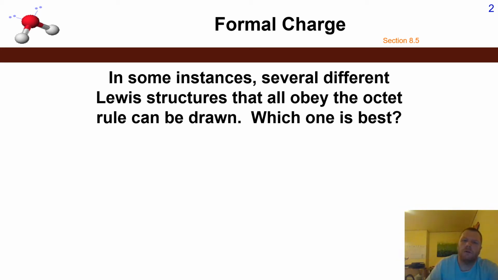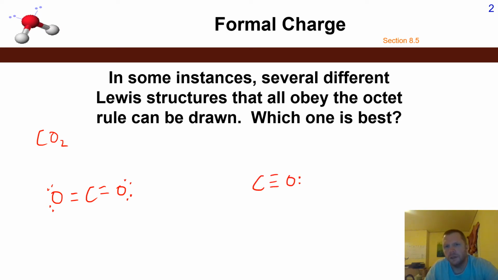So if we took, for example, CO2, we could draw CO2 in 2 different ways. Now I'm skipping some of the steps here, and I'll come back to them, but that's one fair model of carbon dioxide. This is also an acceptable model of carbon dioxide.